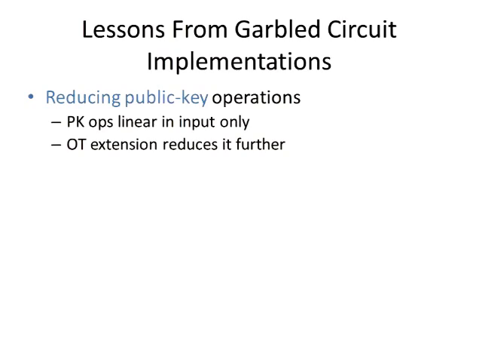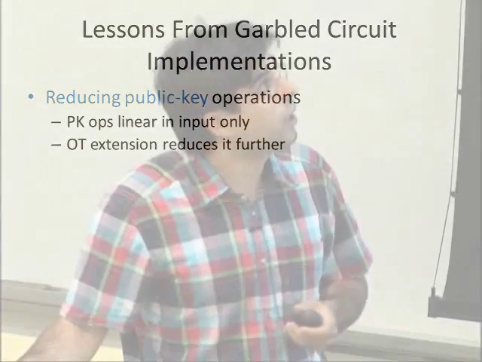In fact, the goal is we want something that is more practical, right? And there are some lessons that we can learn from the garbled circuit implementations. There are now quite a few implementations of Yao's garbled circuit protocol, different papers trying to optimize things and get them to become practical. There are a few really nice properties about Yao that I feel are important in getting it more practical.